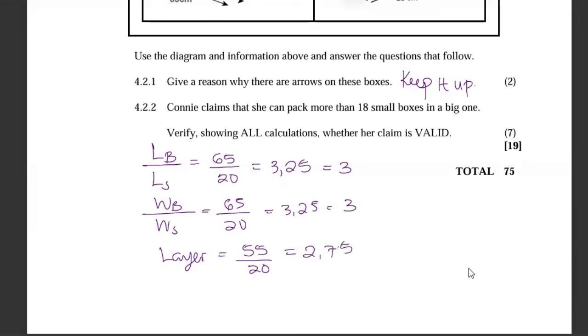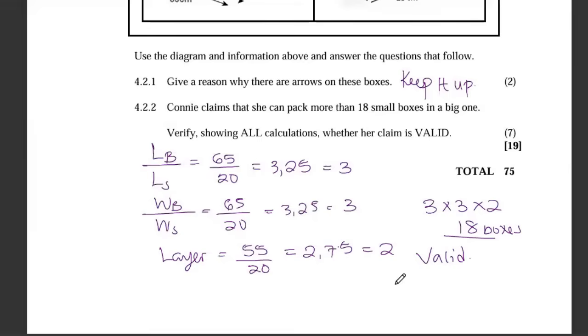You get 2,75. In actual sense, we have what? 2. So we are going to say 3 times 3 times 2, which is 9 times 2, which is 18 smaller boxes. And the claim is what? Valid.